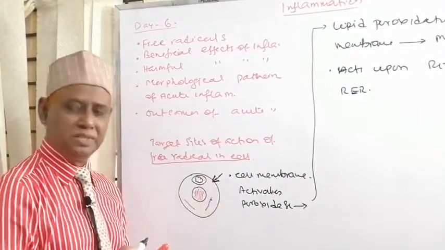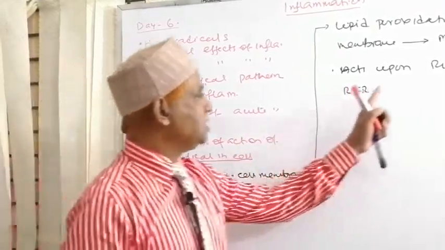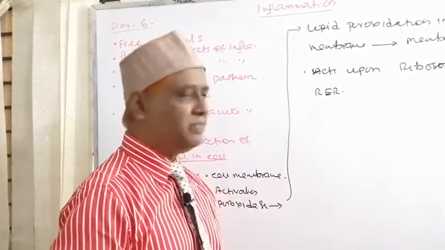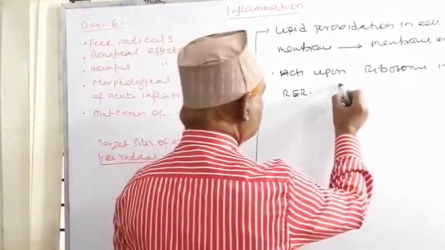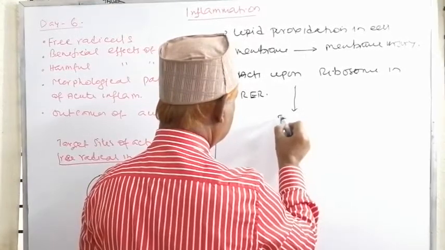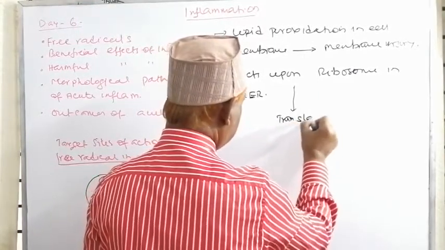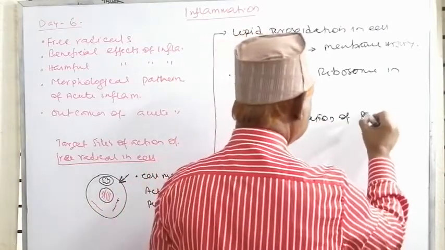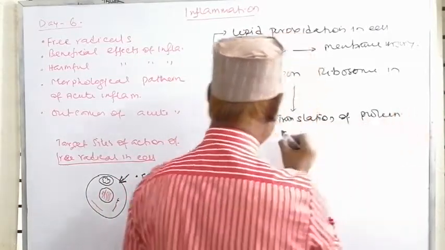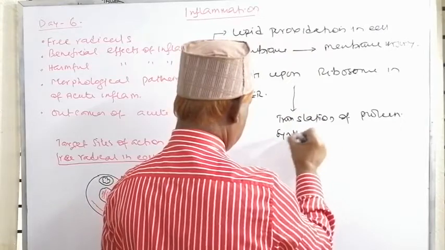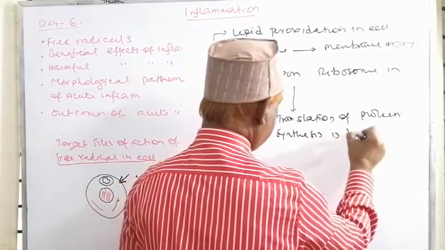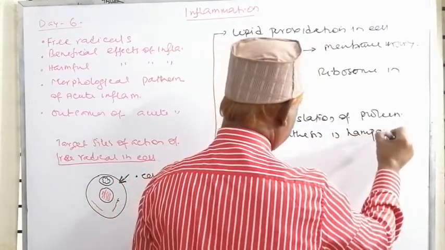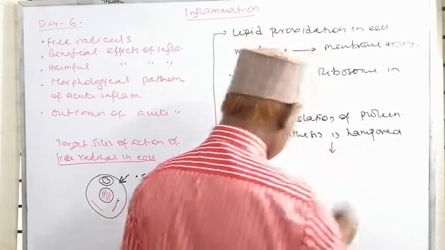As it disturbs the ribosome in rough endoplasmic reticulum, the translation of protein synthesis is disturbed or hampered. Then what happens?